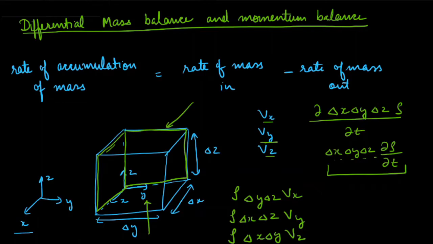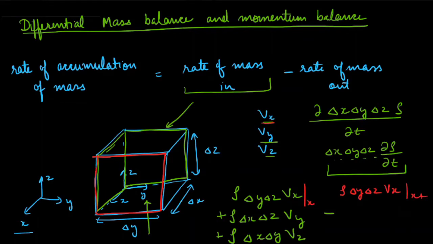So these are the rates of mass in, and we need to add these to get the total rate of mass in. And then we will have the rate of mass out. The rate of mass out will be from the area that is opposite to the area where mass is going in. So for Vx, the rate of mass out will be from this surface area, which will be rho delta y delta z Vx. This is at x, this is at x plus delta x.